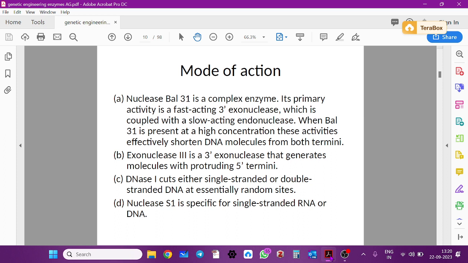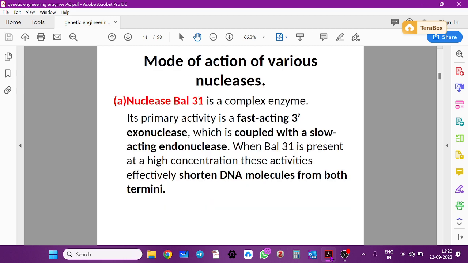It is specific for single-stranded RNA or DNA. So if you have single-stranded RNA, you can use S1 nuclease, or single-stranded DNA, like microRNAs which are present.